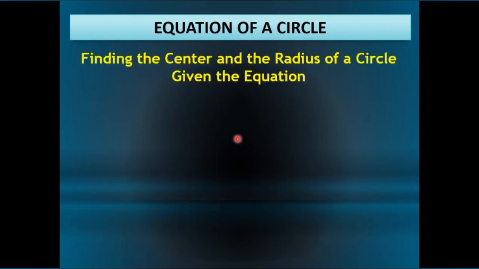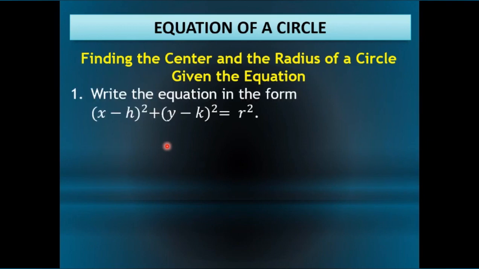How about if we're going to find the center and the radius of a circle given the equation? So first, we write the equation in the center radius form, or the standard form of the equation. That is, the square of x minus h plus the square of y minus k equals r squared.